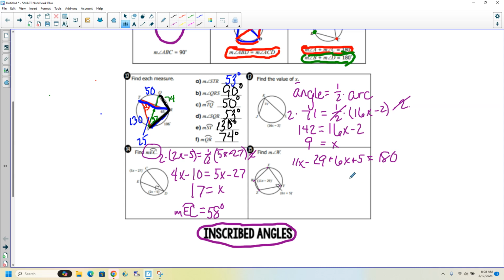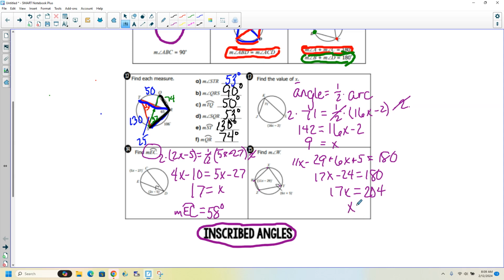And so when I solve this out, I end up getting 17x minus 24 equals my 180. Add the 24 to both sides, 17x equals 204.